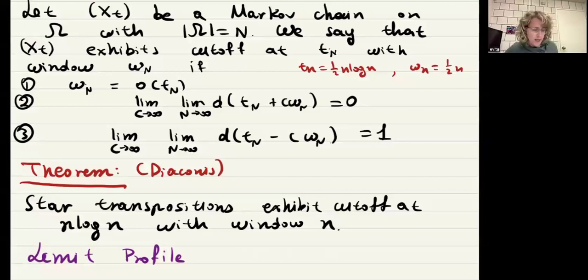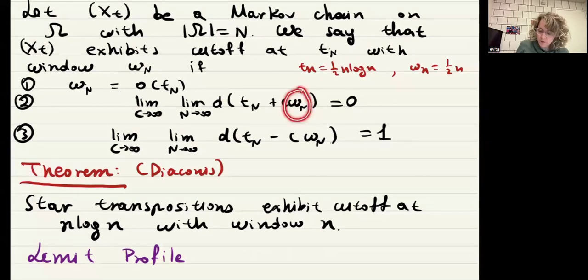Right, I see what you're saying. So we do try to get the optimal type of window. You're saying that my definition is not properly stated. I stated it the way I wanted to.